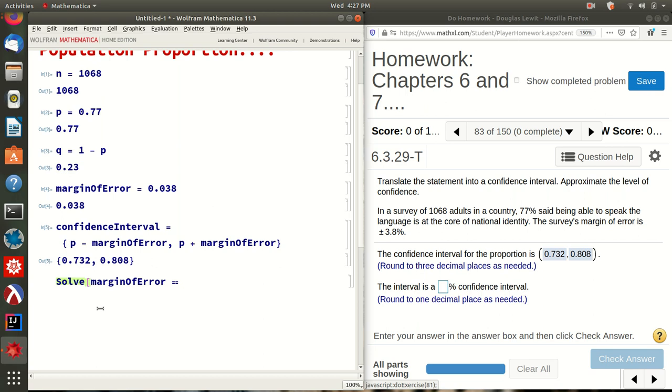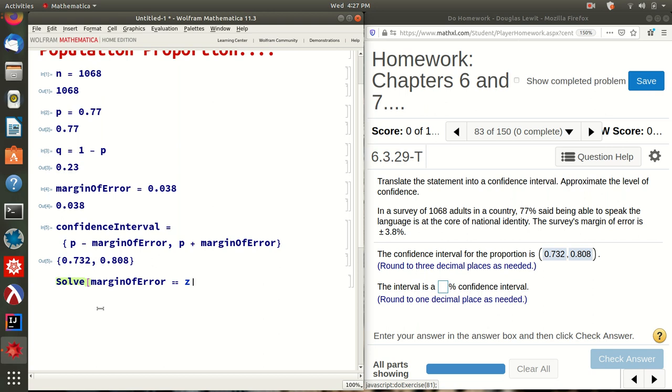And that is going to be z. I need to find a z-score, so I'm going to use the letter z, times, I don't need to really type the multiplication symbol. A space in Mathematica is the same thing as multiplication.